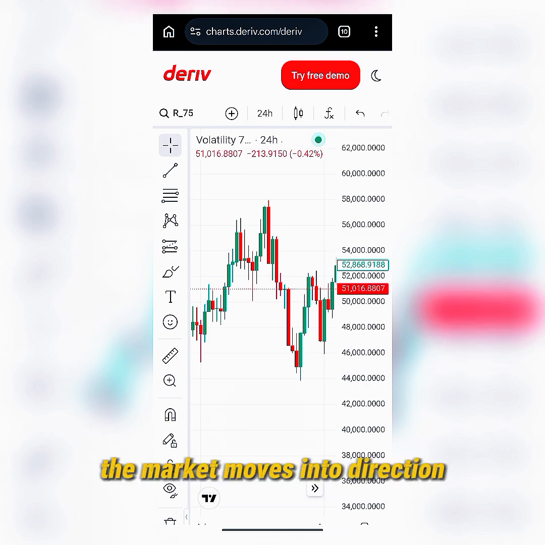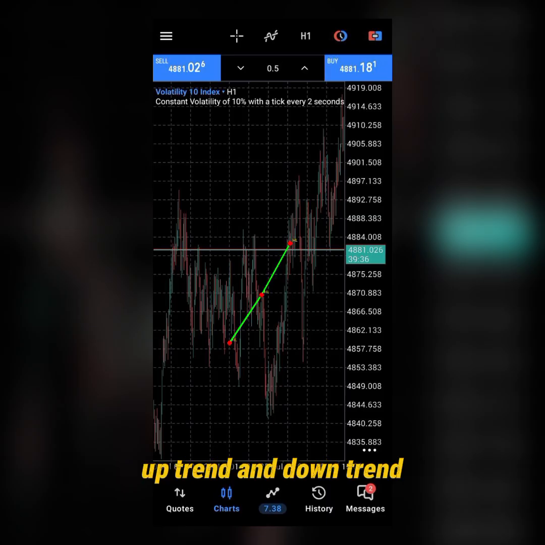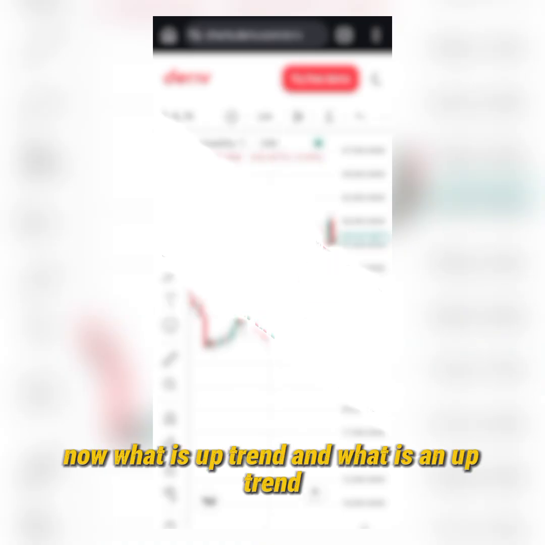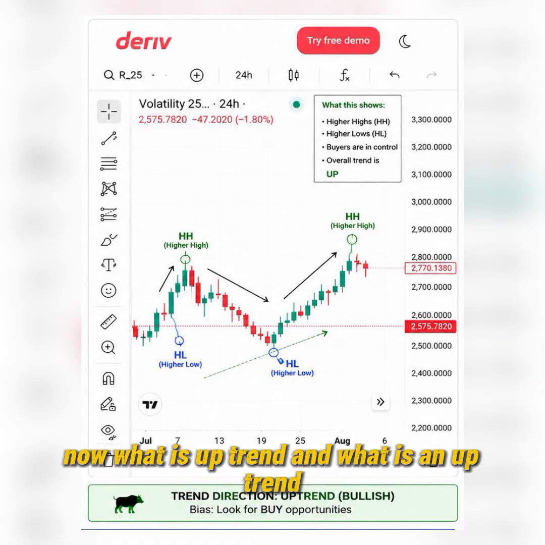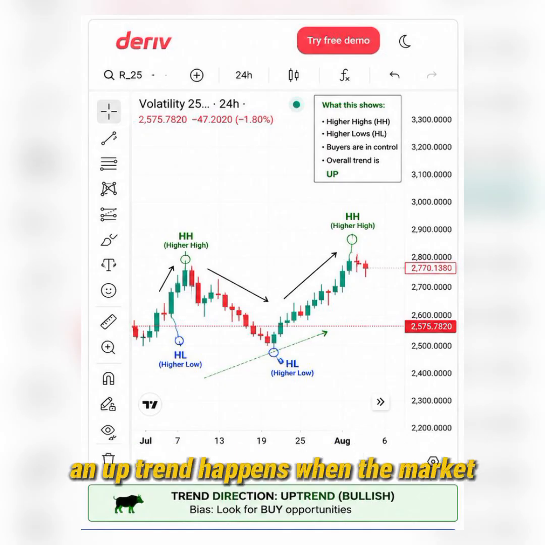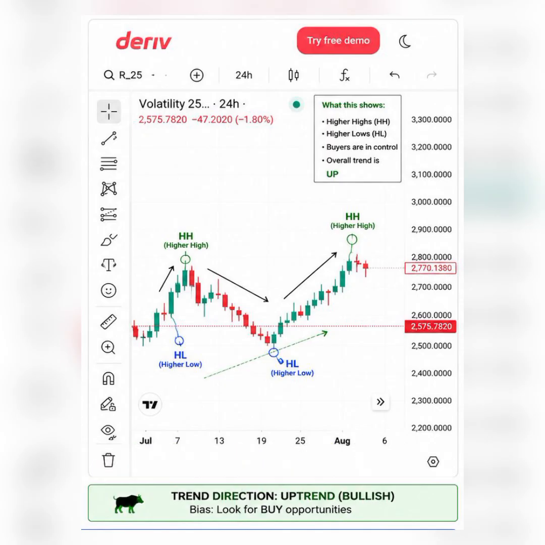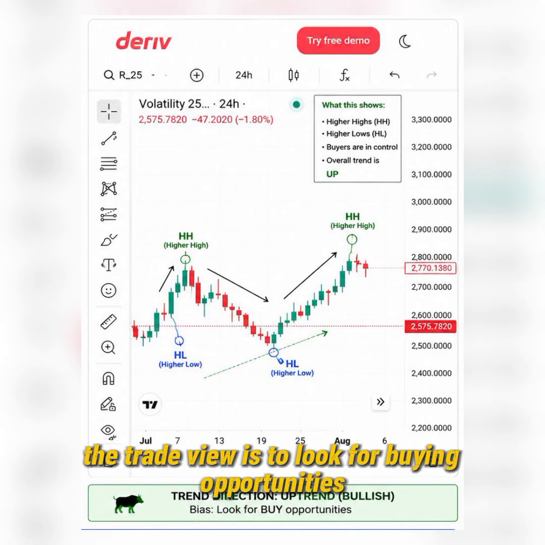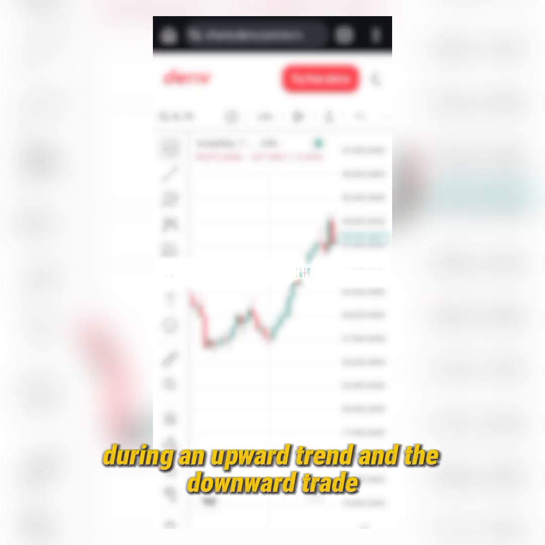The market moves in two directions: uptrend and downtrend. Now, what is an uptrend? An uptrend happens when the market keeps making higher highs and higher lows. In this kind of scenario, the trading idea is to look for buying opportunities during an upward trend.